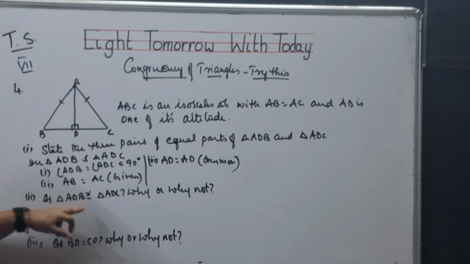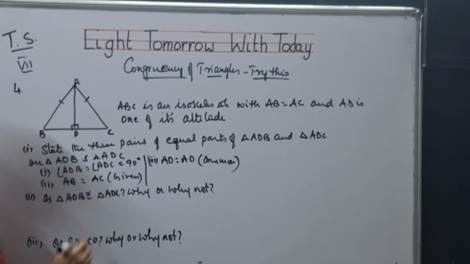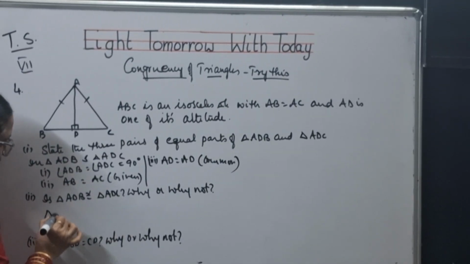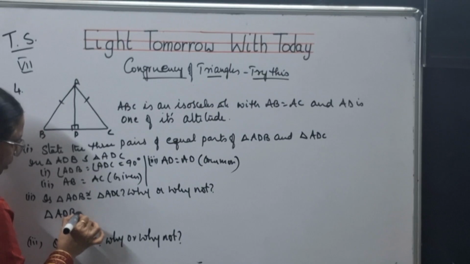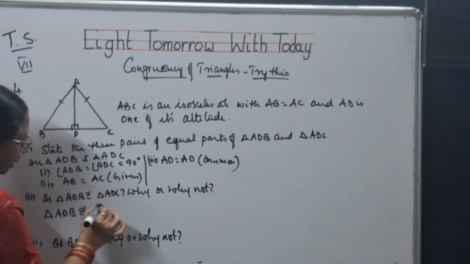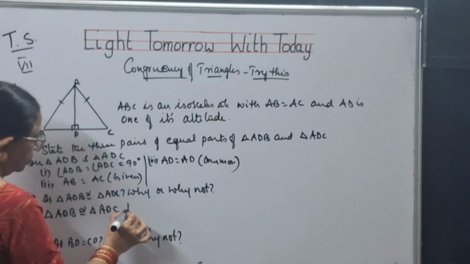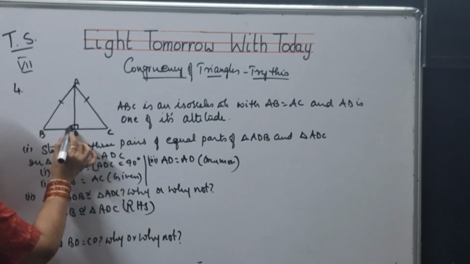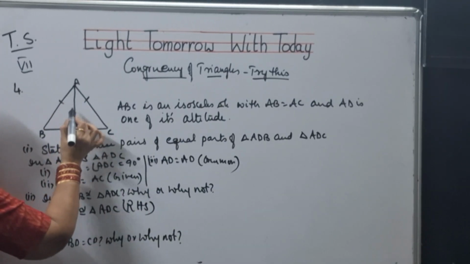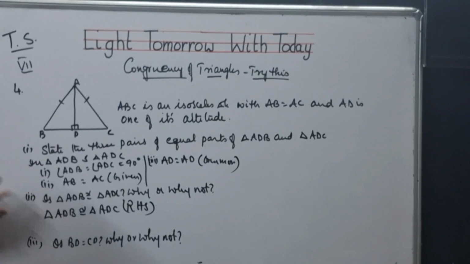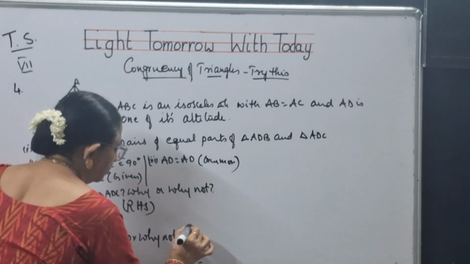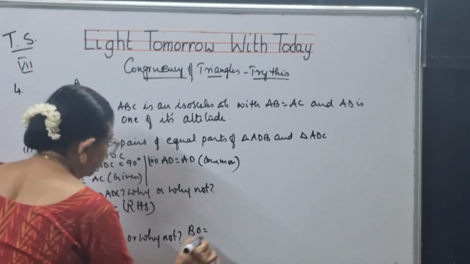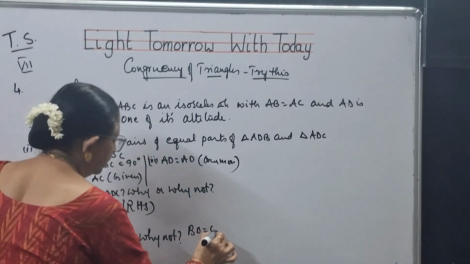Second one, is triangle ADB congruent to triangle ADC? So we'll say that triangle ADB is congruent to triangle ADC basing on RHS property, because this is right angle, this is hypotenuse, this is one side. So in that way we can say. Then is BD equal to CD? So we'll say that BD is equal to CD.